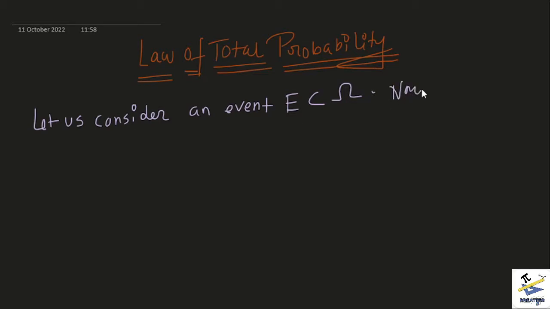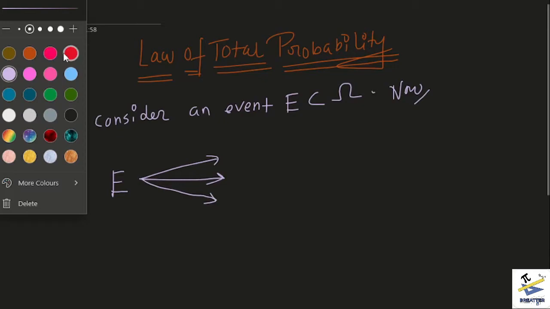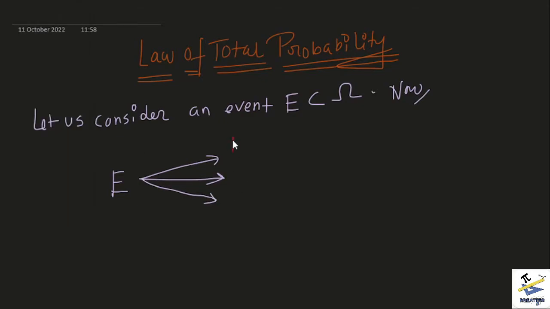Now this is the event E, and we consider that the event E can be done in three different ways. That's what I'm saying. So let us name those events E1, E2, and E3.